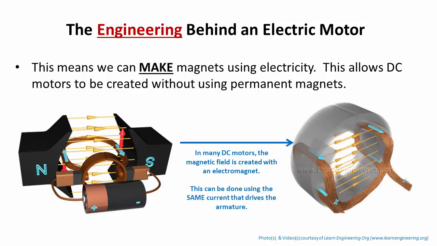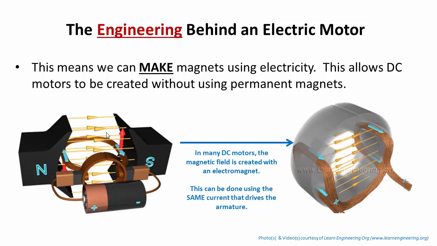So what they'll do in a DC motor is you actually create this magnetic field by replacing the permanent magnets with an electromagnet, and you can run it off of the same power source. So you take this battery and you run it over here, and you run it around a piece of iron, and you make this magnetic field. So you actually use the same power supply to make the magnetic field that you then use to provide the current through the armature, which then in turn makes the force.